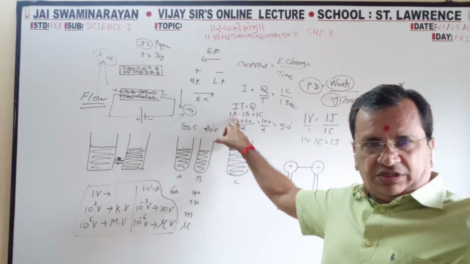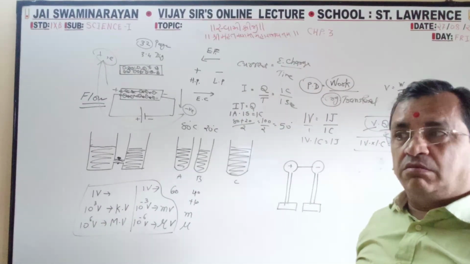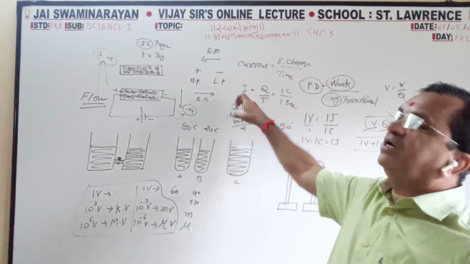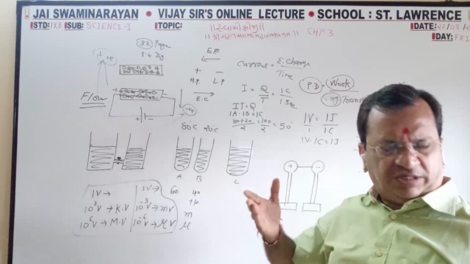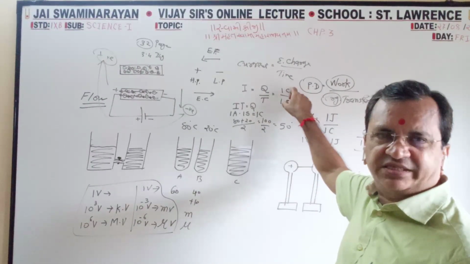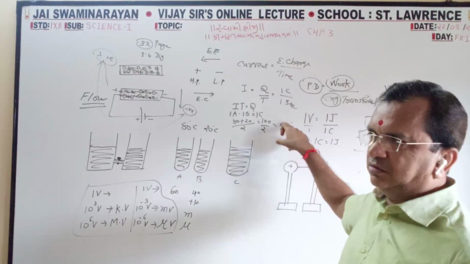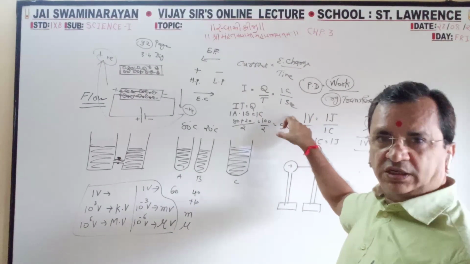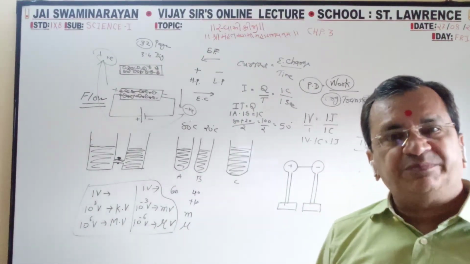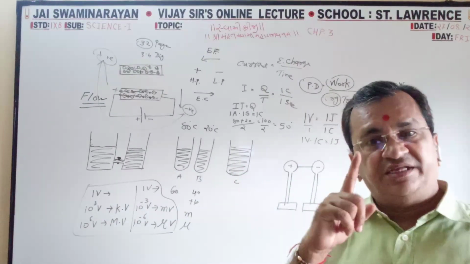Potential difference is in volt, current is in ampere. If 1 coulomb of charge passes in 1 second, the current is 1 ampere.